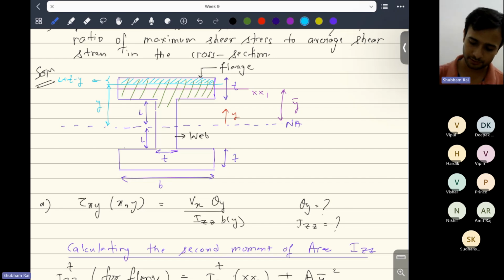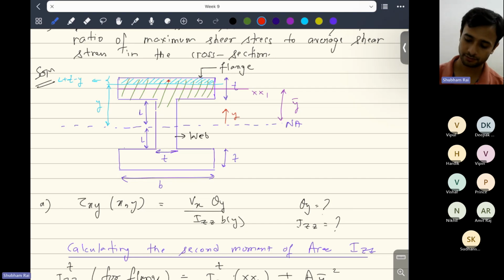And area of this sky blue shaded region will be width times this thickness. So width B times L plus T minus Y, and then multiplied with the centroid. Centroid will be somewhere here. So that will be this Y plus this thickness divided by 2, right?